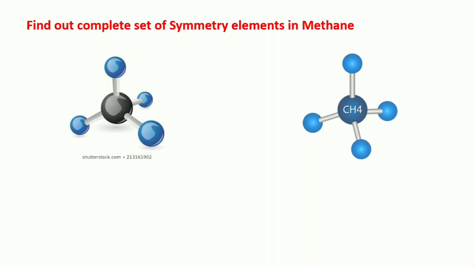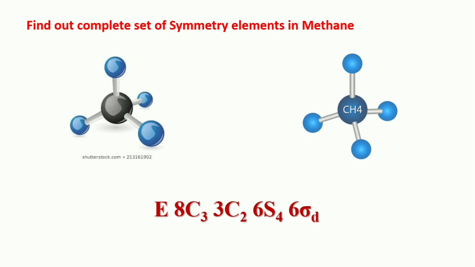There are about 24 symmetry elements and operations possessed by CH4, and here we go, these are the different symmetry operations that exist in methane. Here is identity, 8 C3, 3 C2, 6 S4 and 6 sigma d.